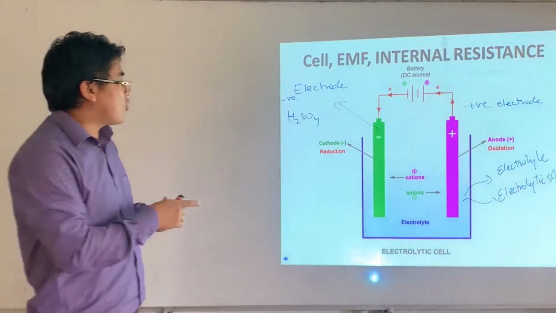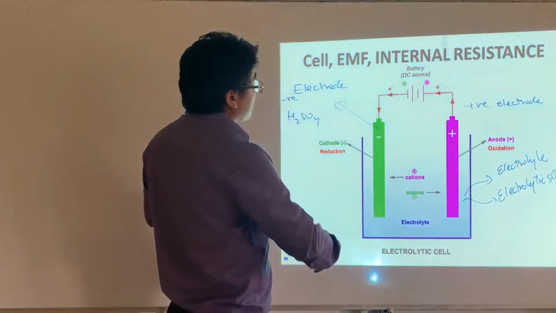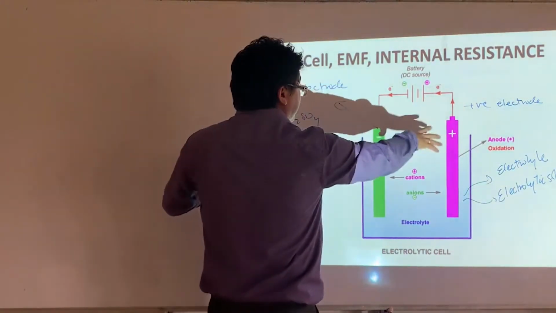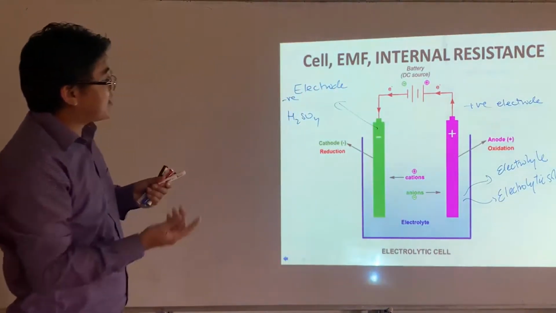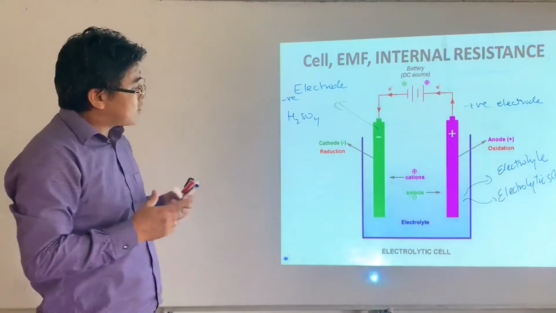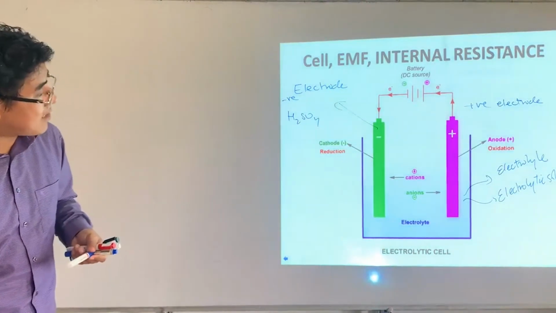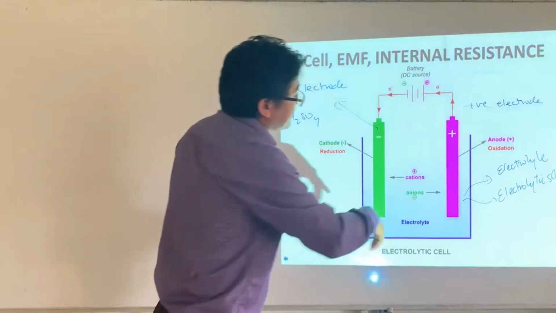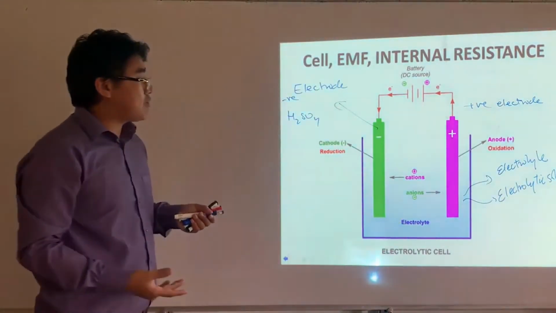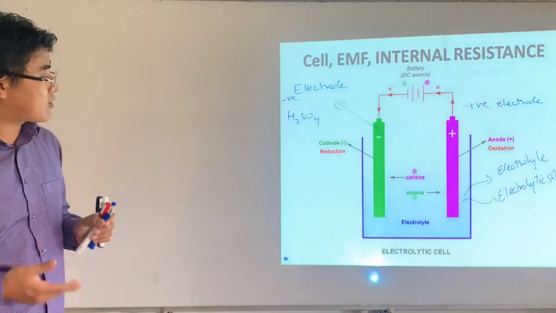So this is what we will be talking about: two electrodes, one positively charged, another one negatively charged. This is what we talk about as a cell. A cell consists of two electrodes and a solution which we call the electrolyte or electrolytic solution.